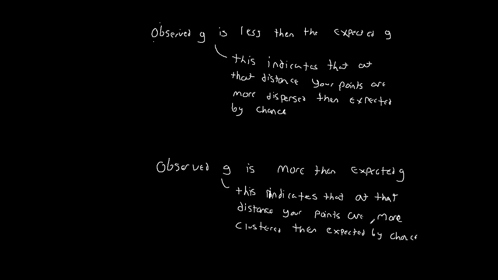So again, hopefully this makes sense. Observed G is less, your points are more dispersed. Observed G is more, your points are more clustered. And obviously the greater that difference, the more extreme that effect.